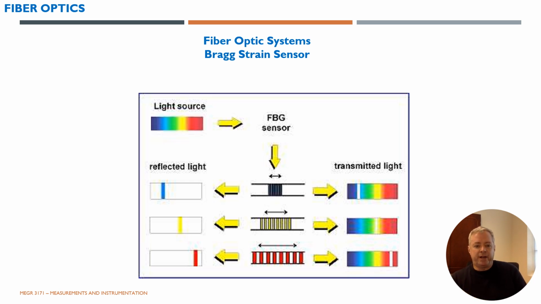And then as you stretch that sensor, it changes to yellow, and as you continue to stretch that fiber optic sensor even farther, it moves into the red region. What you're seeing is certain wavelengths of light behaving differently based on that sensor. And so it's really both directions that you measure. So interesting how they work.